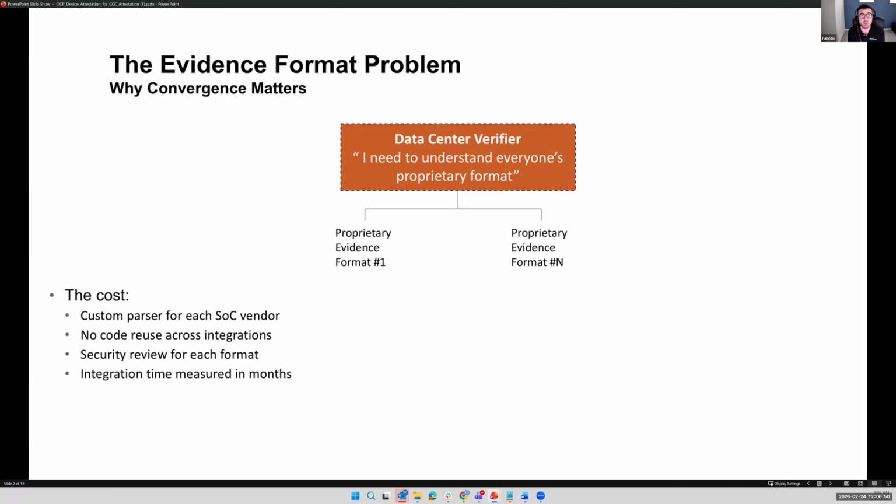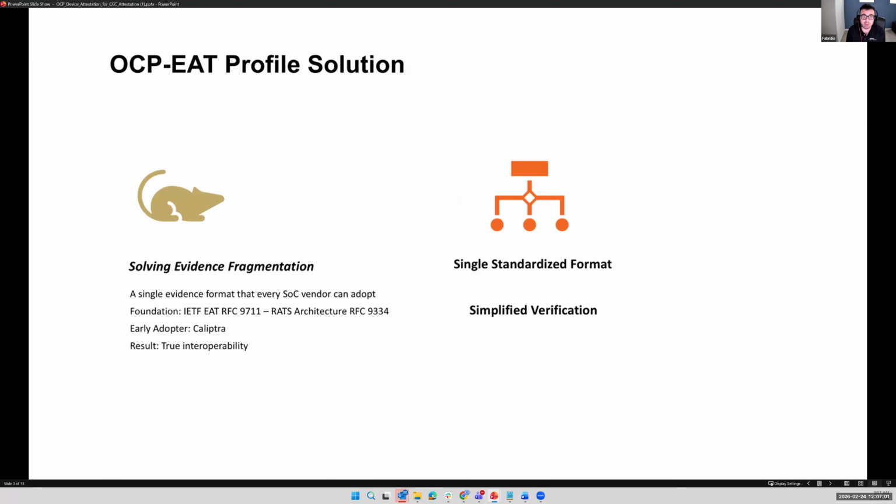This is an unscalable issue. As the number of devices in the data center increases, this is becoming a real problem. So we took a step on it and explored a possible solution that could fix this problem.